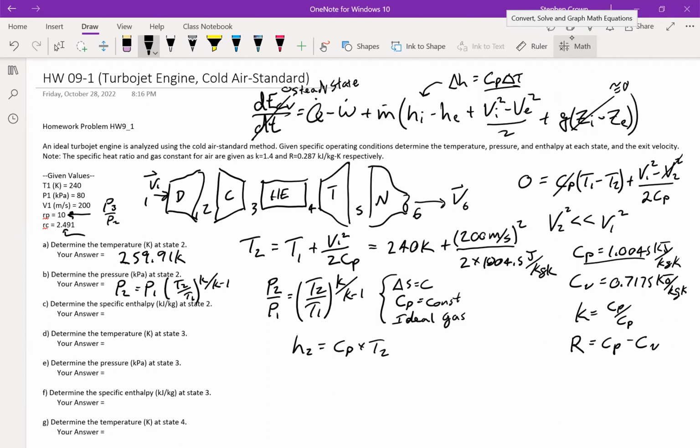And our value for Rc is really a specific volume ratio, but it also equals a temperature ratio, so that would just be T4 over T3.